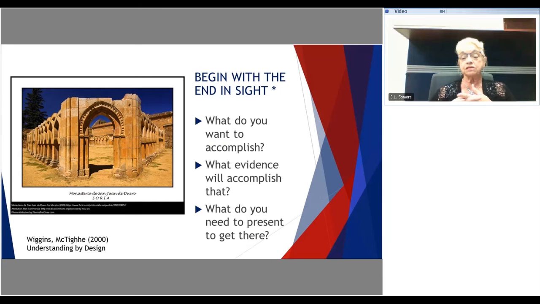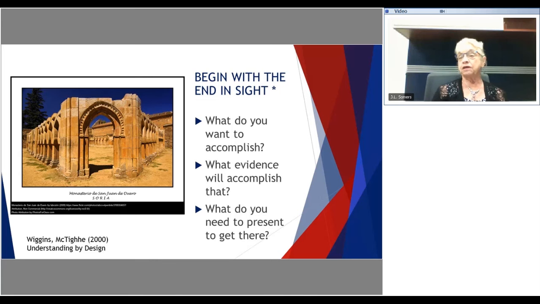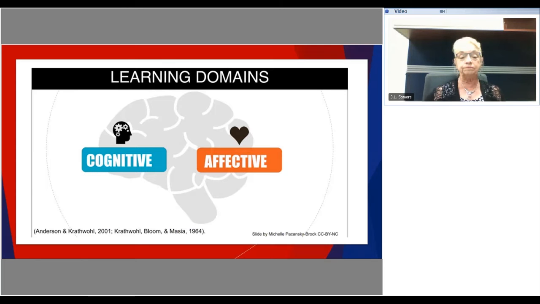What evidence will accomplish that? And then what we need to do to get there. As far as with the presentation, what do we need to present in order to accomplish that goal? Just as within our content, beginning with the end in sight, think about the end result of what we want.